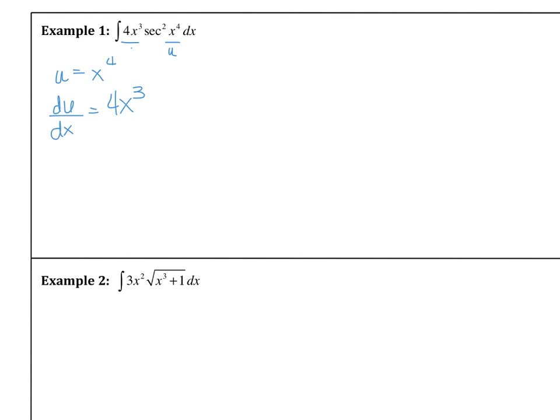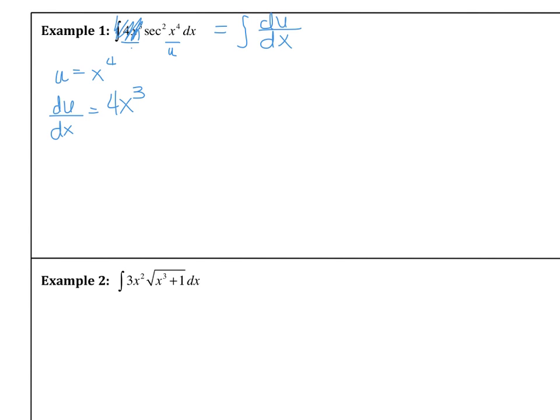So now let's start to rewrite our integral and cross off things as we scoop them up, right? Of course, all the while replacing x's with u's. All right, so here's my integral. Let's cross it off. All right, 4x cubed. I don't have to write 4x cubed. I can just write du dx, and then you're taken care of.